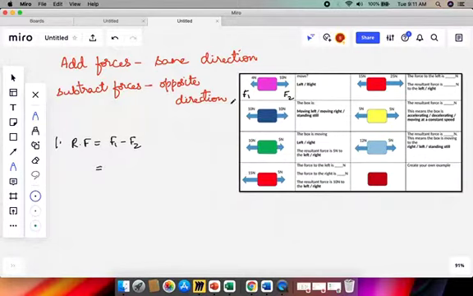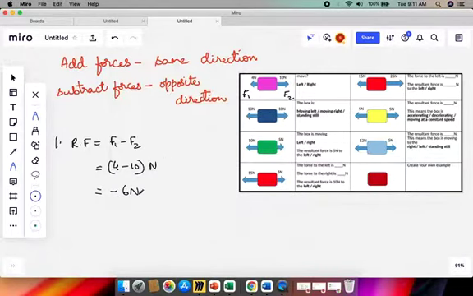So that will be equal to 4 minus 10 Newton, which will be equal to minus 6 Newton, which means that the resultant force is opposite to the direction of my F1 here. That is why I have got a minus sign here.